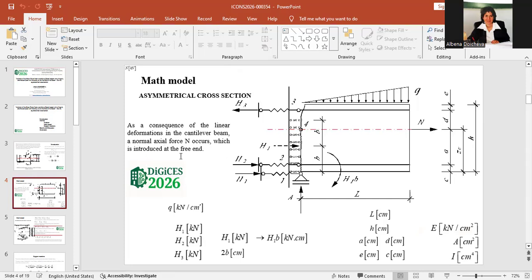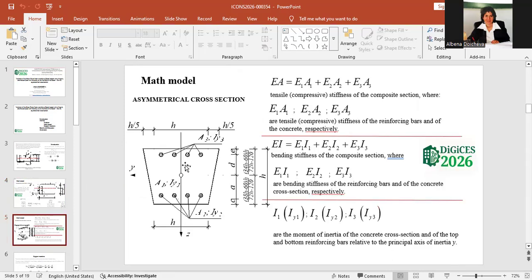There is a normal axial force N, which is introduced at the free end of the beam, because linear deformation in the cantilever beam occurred. We have a linear distributed load with intensity at the free end of the beam.